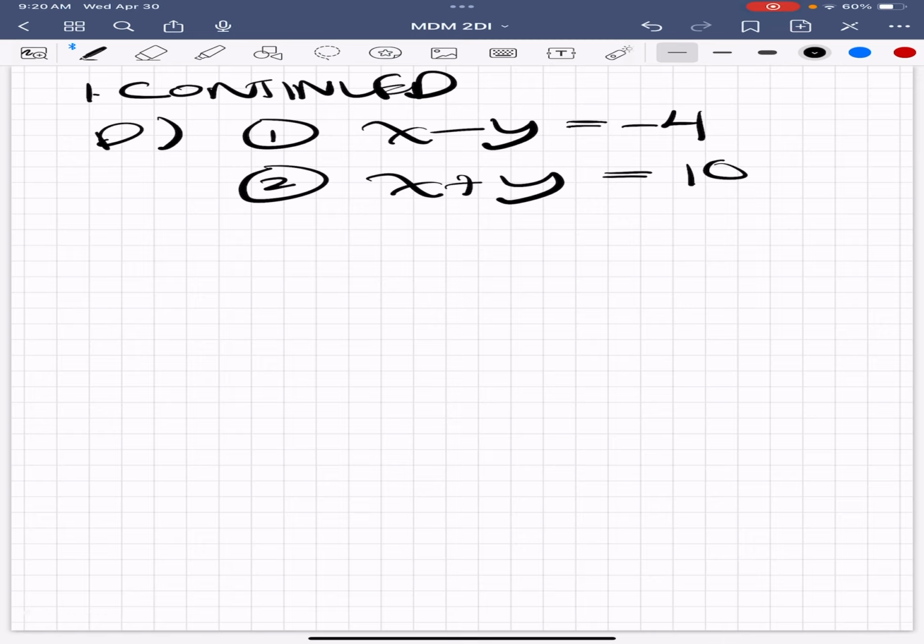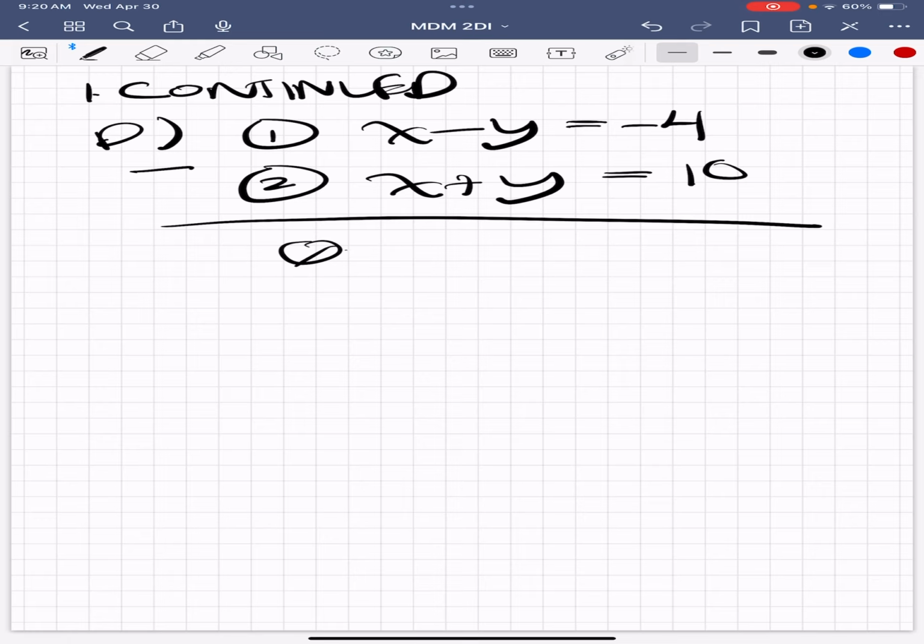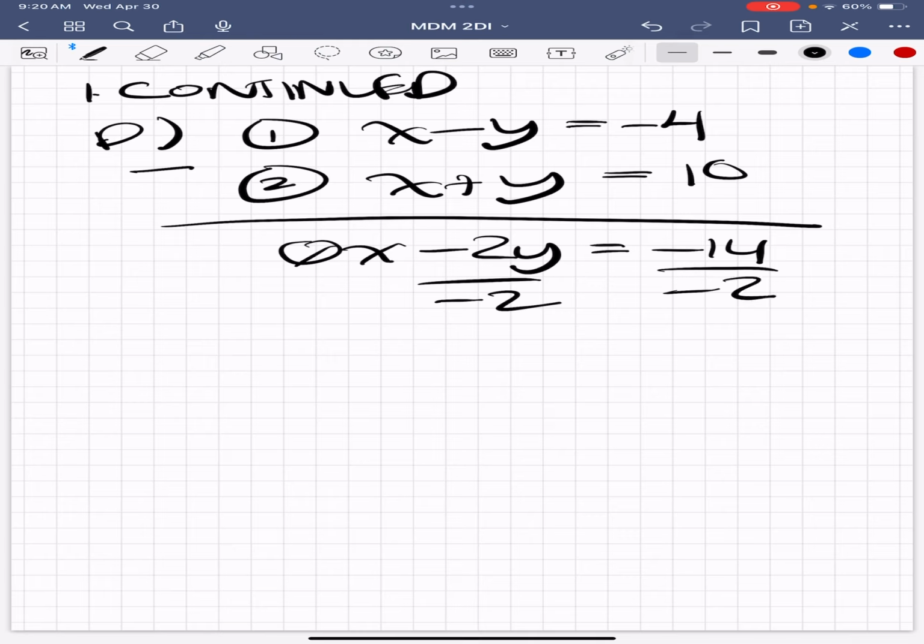So we're going to subtract equations 1 and 2 to eliminate the x variable.